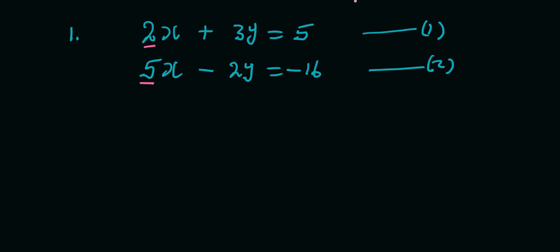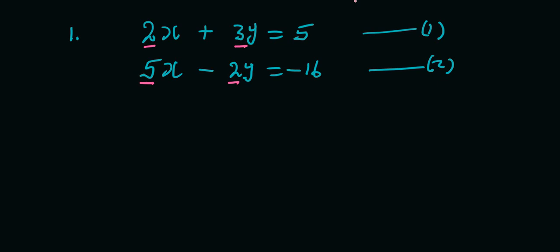They are different, so we are going to try and make them equal. Or if we consider the coefficient of y, in equation 1 it is 3, and in equation 2 it is 2. So we can also decide to make those equal.